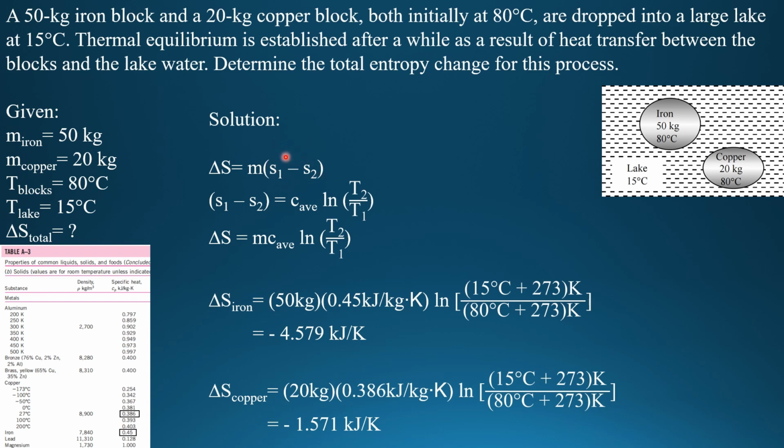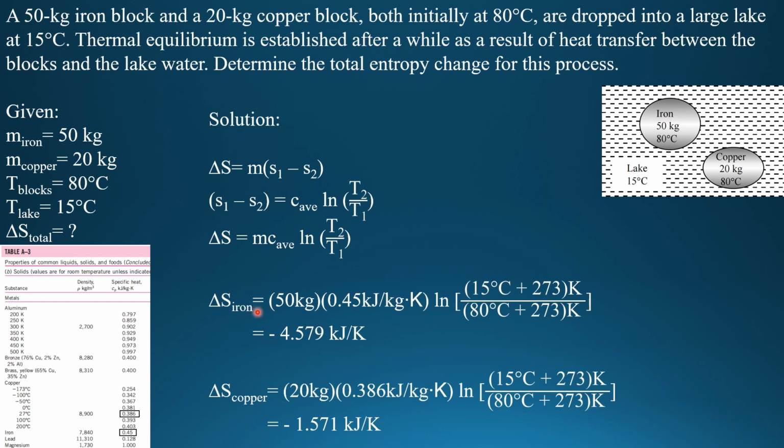This equation is also equivalent to the constant pressure specific heat times the natural log of temperature at state 2 divided by temperature at state 1. So the change of entropy is mass times the constant pressure specific heat times the natural log of T2 divided by T1.